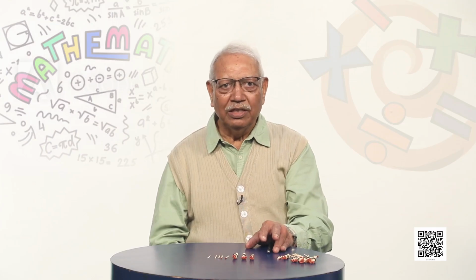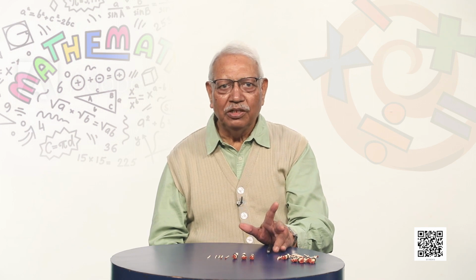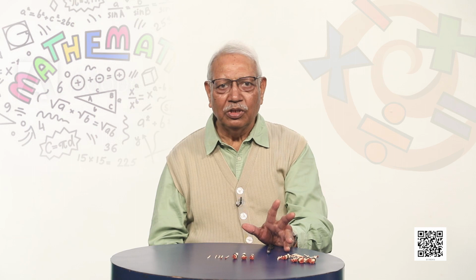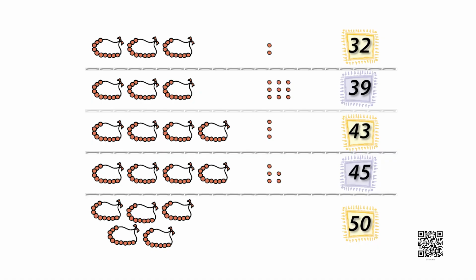Let us look at another picture where there is no bead loose, or there is no moti which is loose. Let us look at the next picture please. Yes, here you see only strings or malas of tens. It means there are no ones.